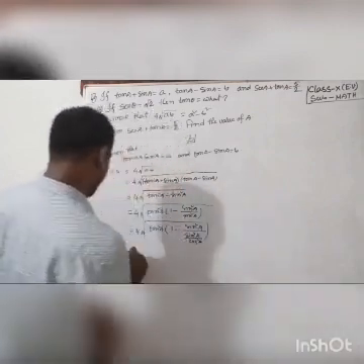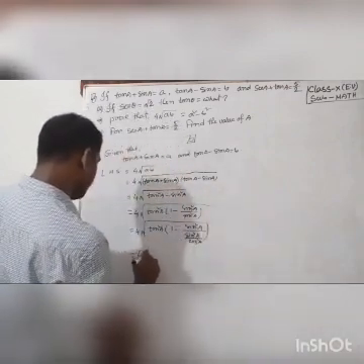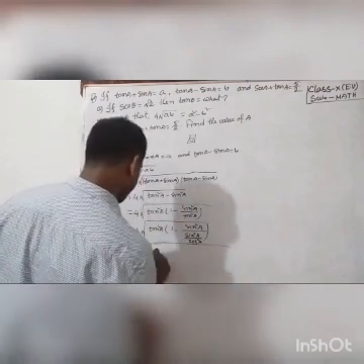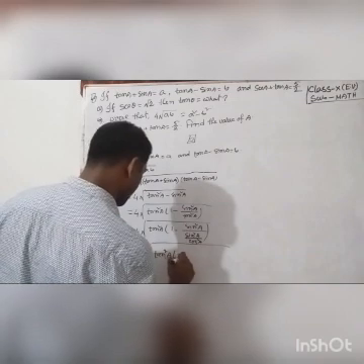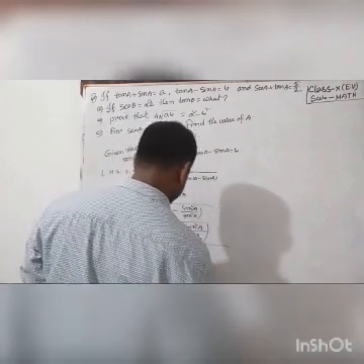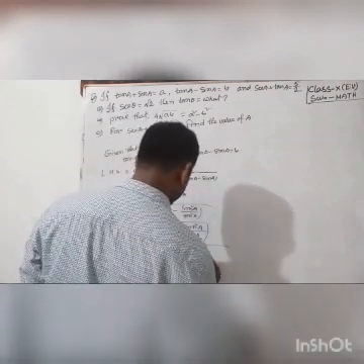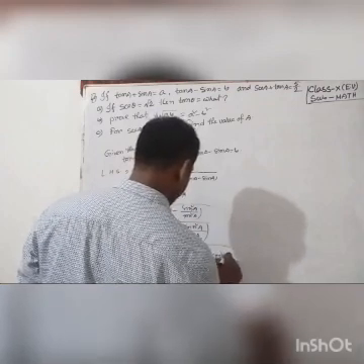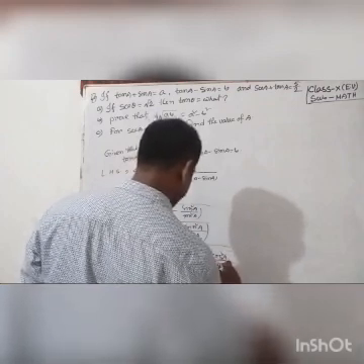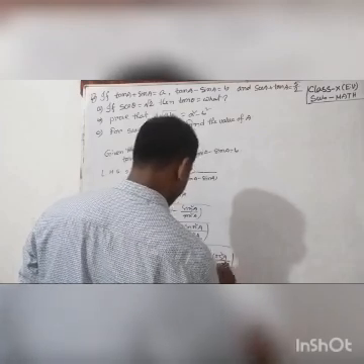Okay, 4 root over tan square a, 1 minus sin square a into cos square a by sin square a.